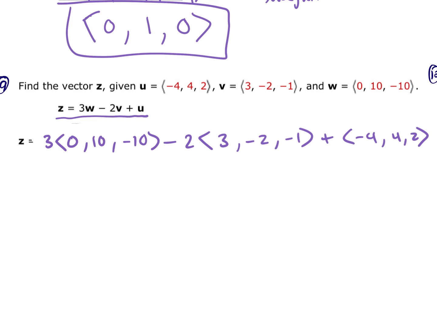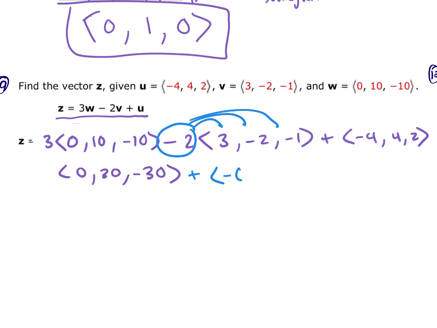So I'm going to distribute the 3. So I have 0, 30, negative 30. Here I'm going to distribute the negative 2 and then change it to a plus. So this would be negative 6, positive 4, and positive 2. And then the last one is the same.